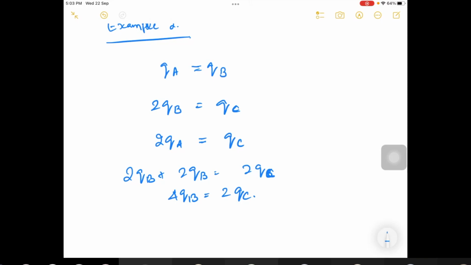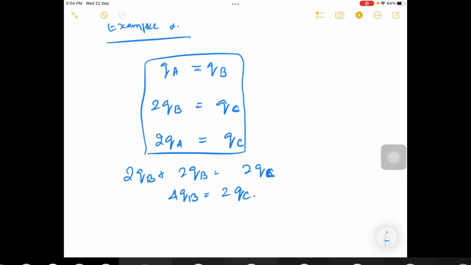Now what would be the value of QA, QB, QC here? It's QA equal to QB, 2QB equal to QC, and 2QA equal to QC. In that case, what is QA, what is QB, and what is QC? What could be QC?